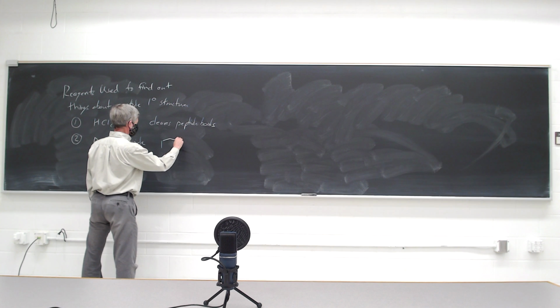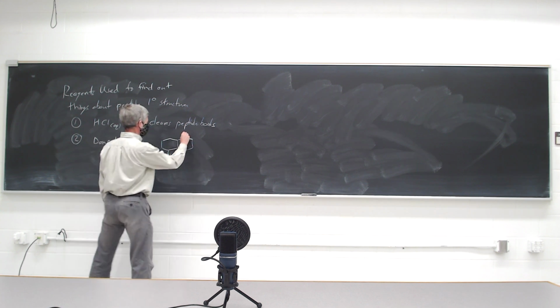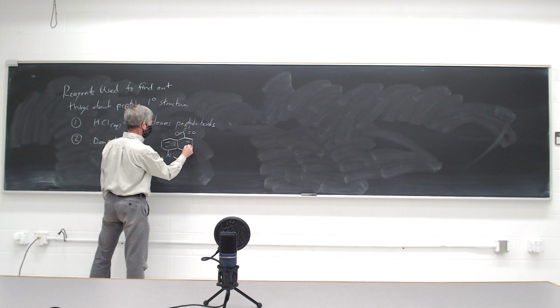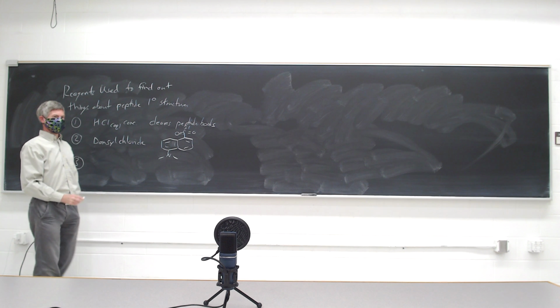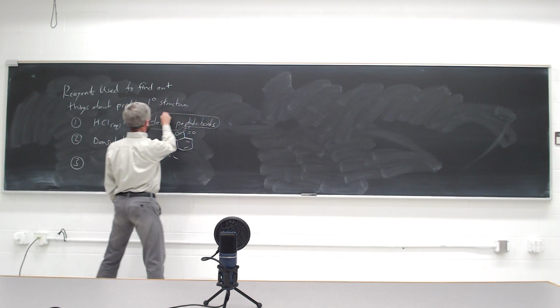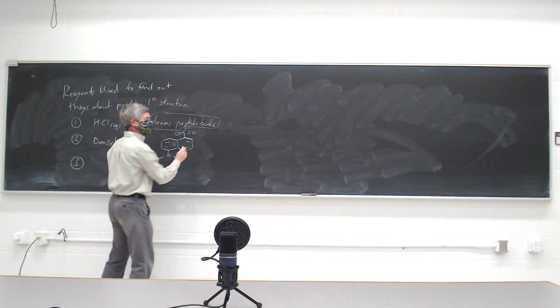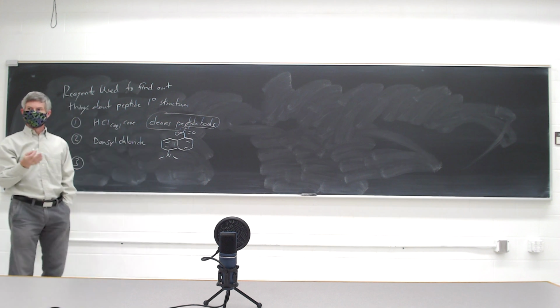Dansyl chloride is a naphthalene ring that has a dimethyl amino group on one end and a sulfonyl chloride on the other end. And what do we use Dansyl chloride for? What can we find out about an amino acid?